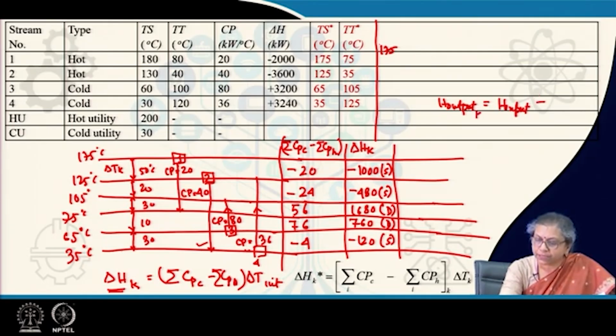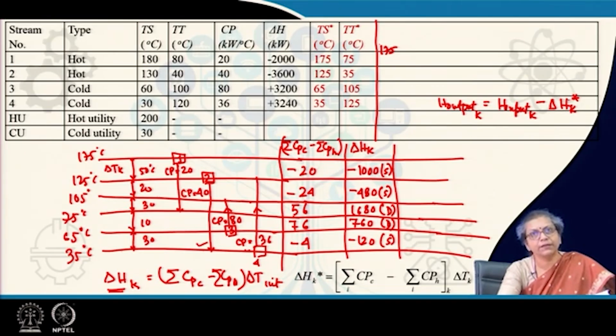Say for the kth cascade, it is the heat input to the kth cascade minus the delta H k star in that cascade. All the stars denote that we are dealing with the shifted temperatures, and the enthalpy is calculated for those particular shifted temperatures, where the temperatures are shifted for the hot streams by minus delta T min by 2, and for the cold streams by plus delta T min by 2.